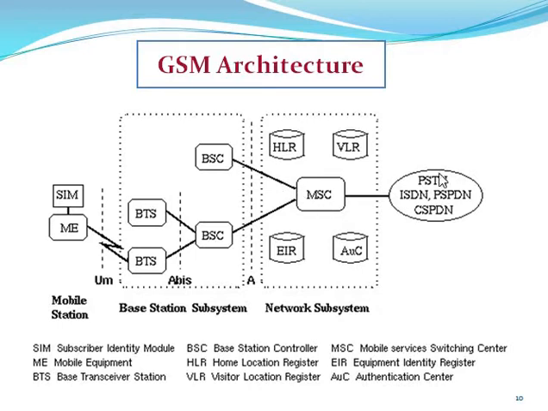Also we can show the ISDN, VLR and HLR, and what the SIM and the ME are. This is the full form of all the GSM architecture terms, which we use as short forms.